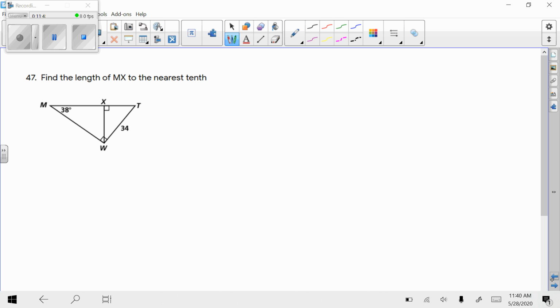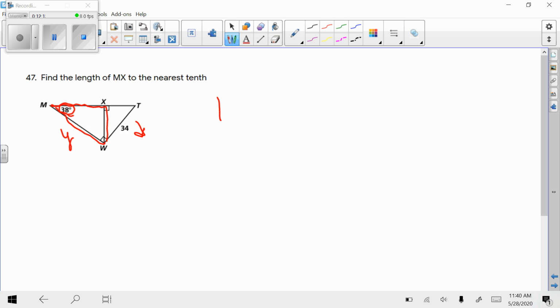Find the length of MX to the nearest tenth. I think we're going to need some trig here. So we don't have any side lengths on this triangle right now, so we're going to have to get one of them. Let's get this side here, this y. On that right triangle, with respect to 38 degrees, we have the side opposite, and then y is the side adjacent.